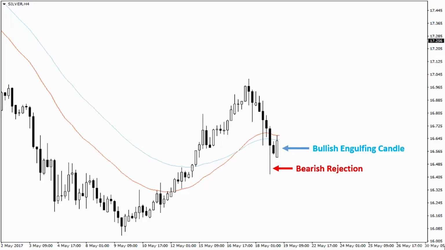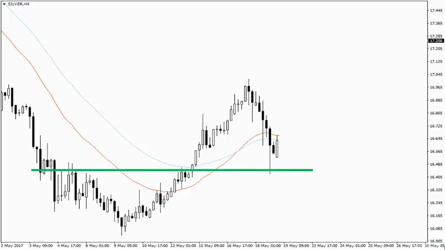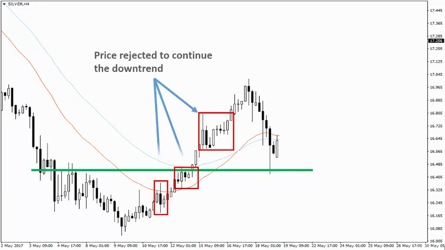So overall, from the bottom of a downtrend market, price rose up by breaking the previous top. And on that run, multiple invalid swing points formed where every time price rejected to fall down after the bearish candlestick patterns, which indicates decreasing selling pressure on that downtrend.